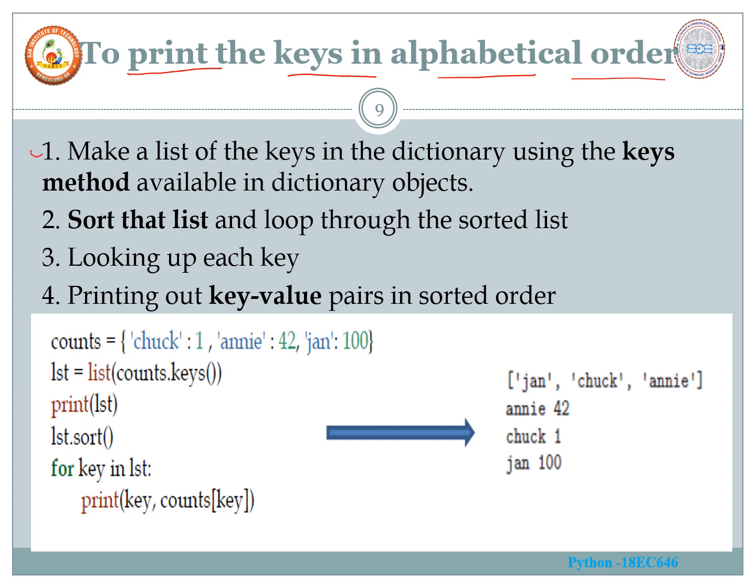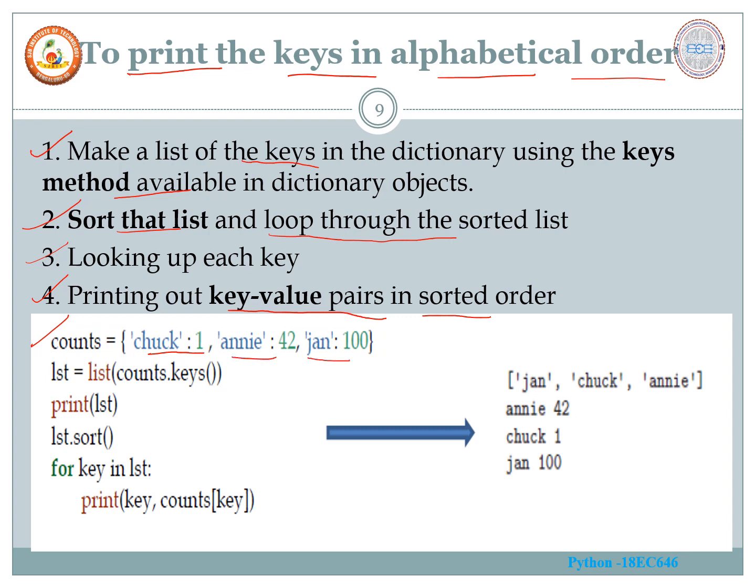First, we make a list of keys in the dictionary using the keys method available. Second, we sort that list and loop through the list. After looking up each key, the key-value pairs are printed out, which again you can see in sorted order. Now let us see the program. We have counts equal to the key-value pairs of the dictionary.